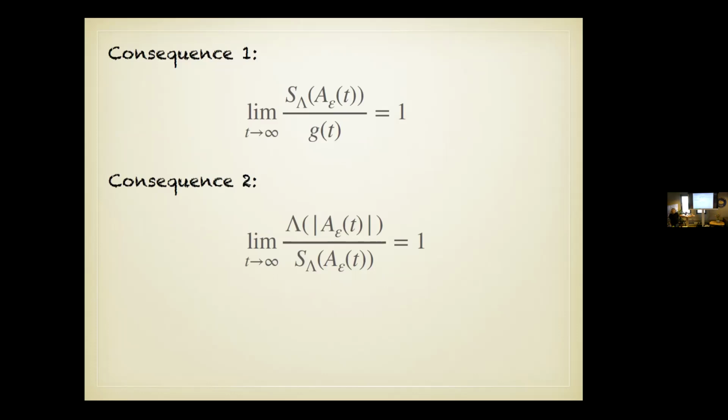Again, most of the processes that we would typically observe in natural circumstances are simple. And if they are simple, then one can also prove the following things. One can prove that the lambda entropy in the limit t to infinity divided by g of t goes to 1. That's a nice thing.